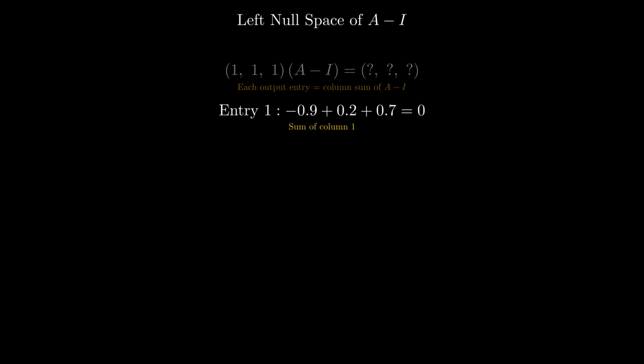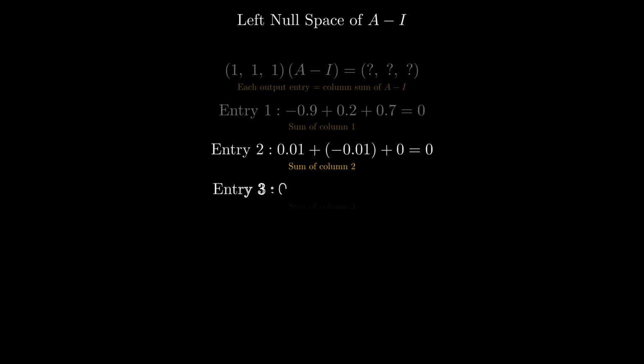Here's the clever move. Columns summing to 0 means something very specific. If we multiply the row vector 1, 1, 1 into A minus I from the left, each entry of the result is just a column sum of A minus I. Look at the first entry: negative 0.9 plus 0.2 plus 0.7 equals 0. The second entry: 0.01 plus negative 0.01 plus 0 equals 0.